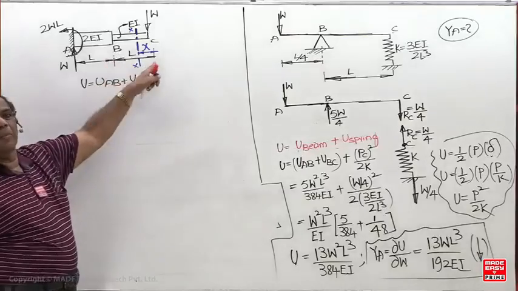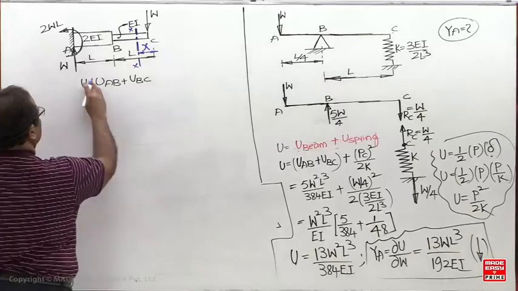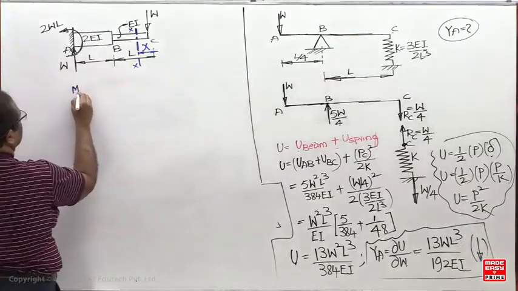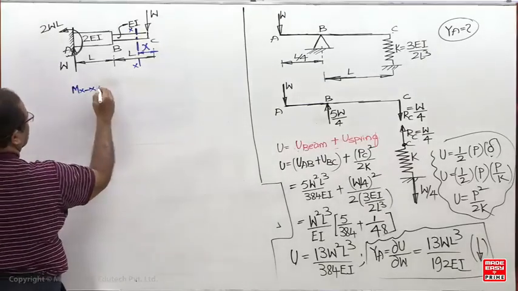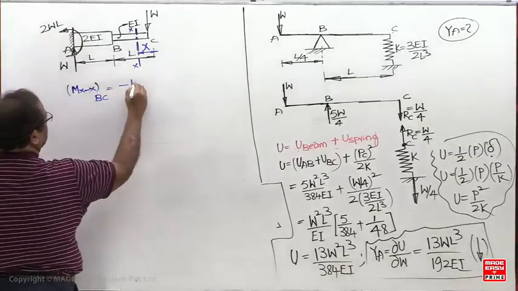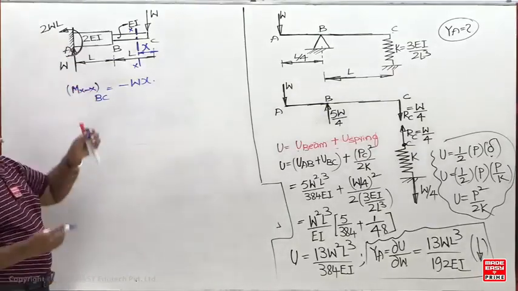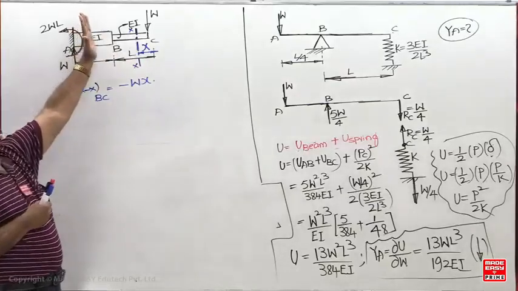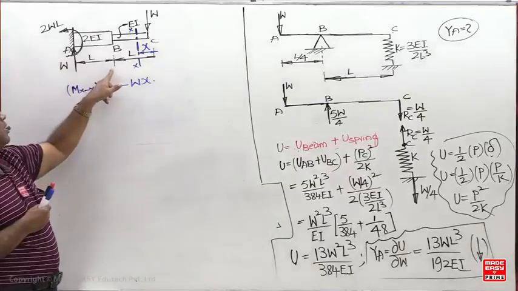So what is the bending moment here? W into X, limits are 0 to L. What is the bending moment equation of BC? Minus WX. What about AB? The AB equation is also the same. Better to take the left side or the right side? The right side is better, but the limits change now. What are the limits now?